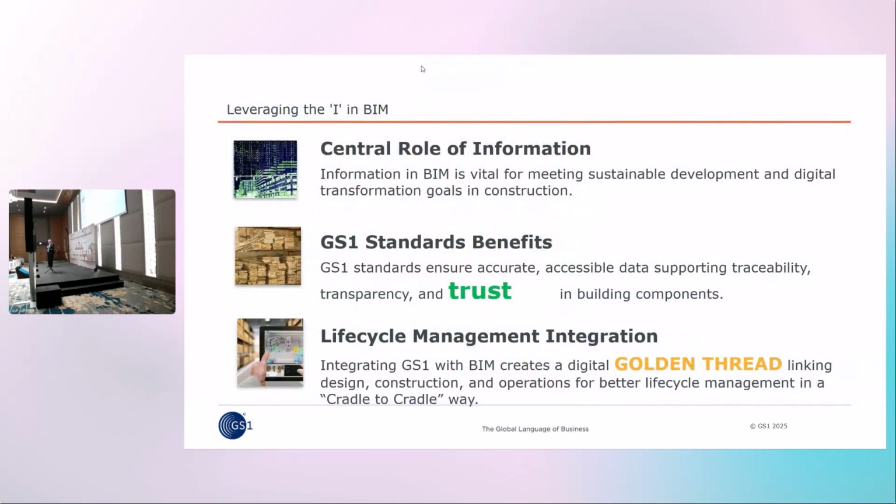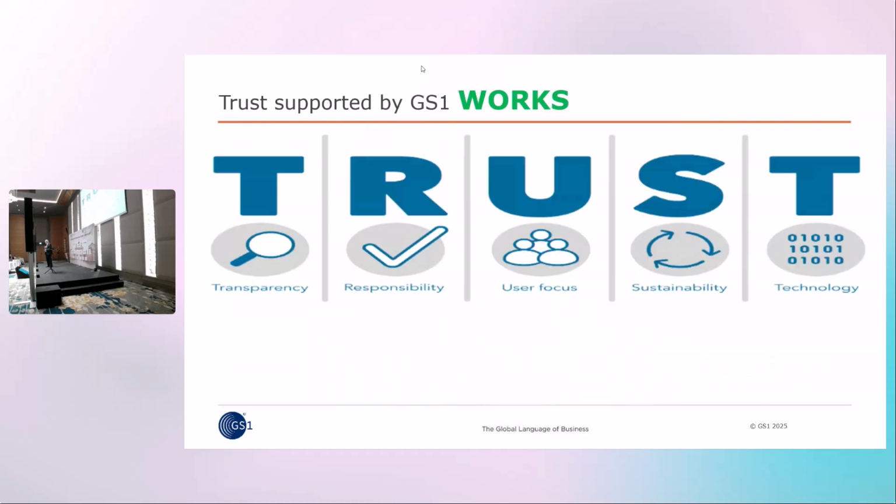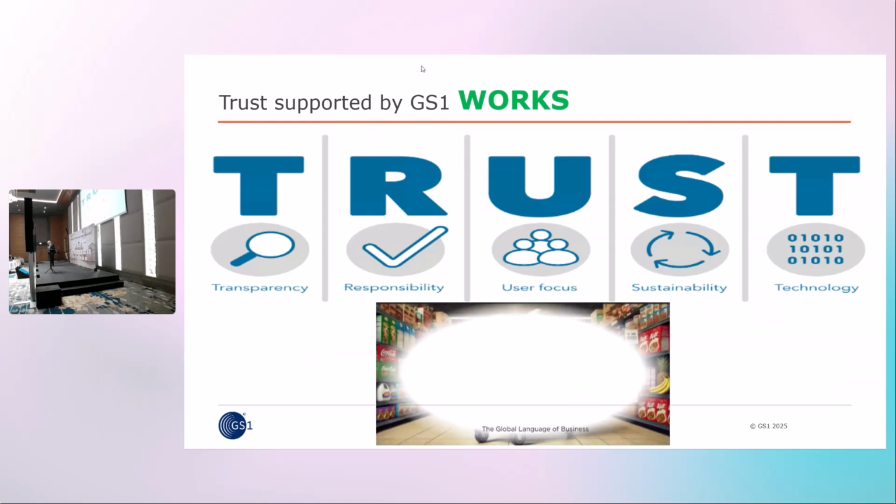Central role of information. As I said, the I in BIM. GS1 standards. But you see the word there in green? Trust. Trust. It's critically important. And why? Because of transparency, responsibility, user focus, sustainability, and technology. Why is trust important?